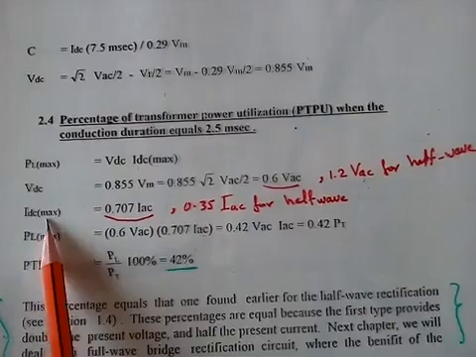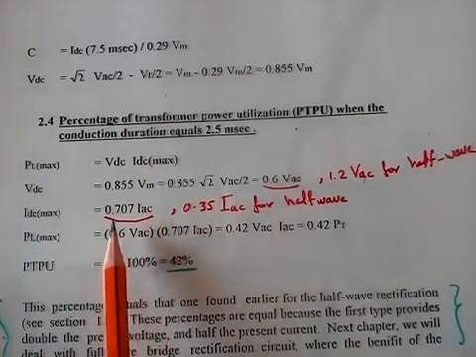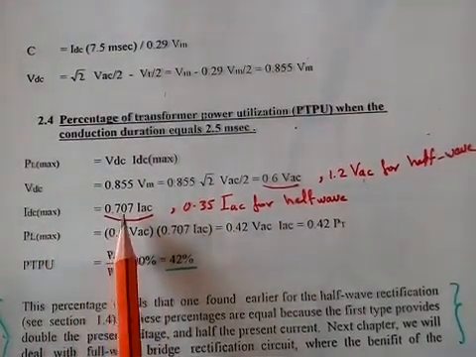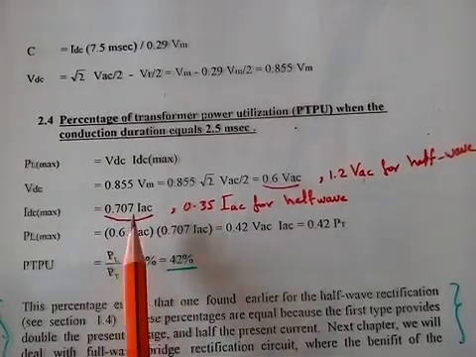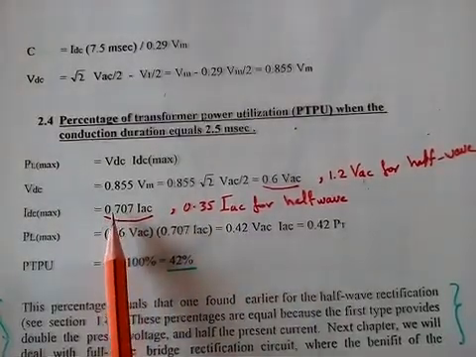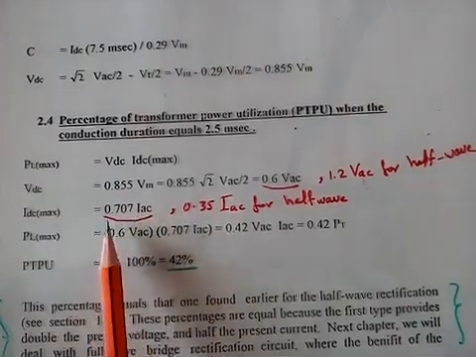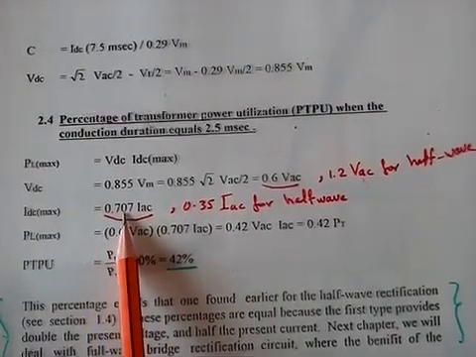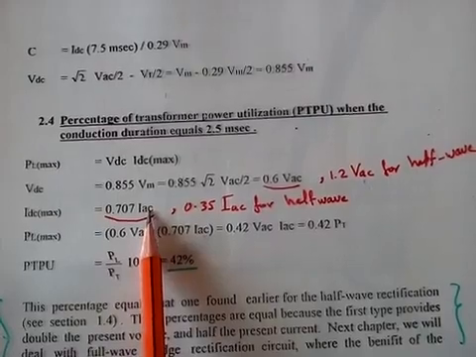The IDC max, like we derived before, we have not calculated yet, derivation only, is about 71% of IAC.